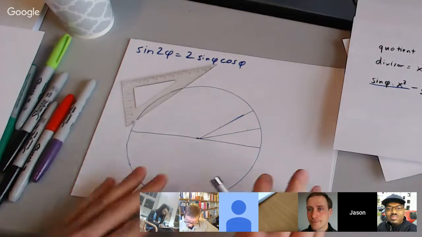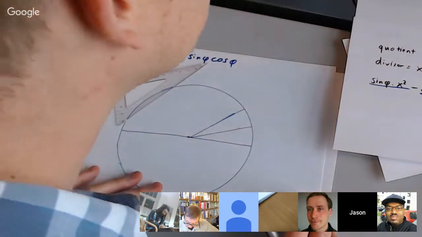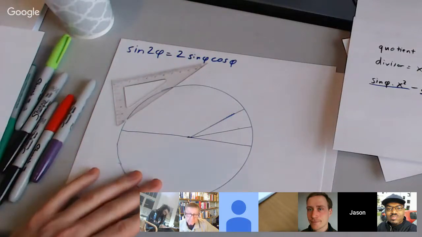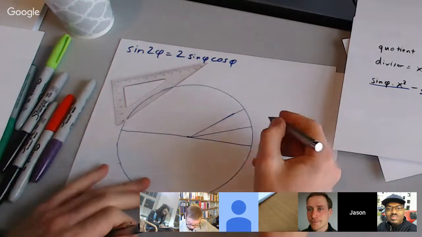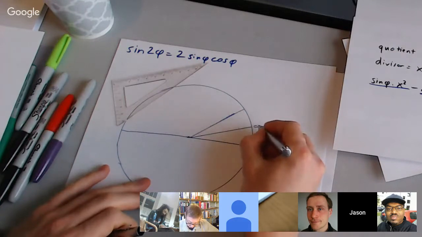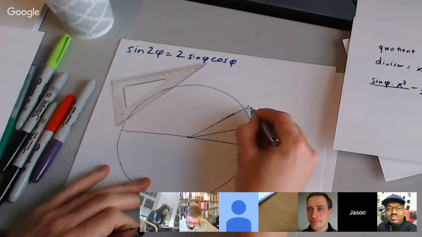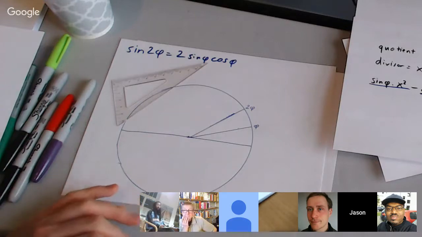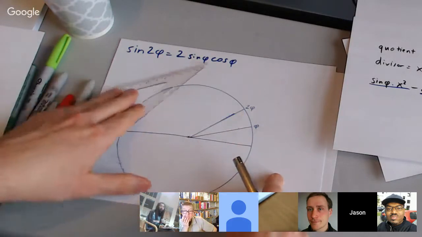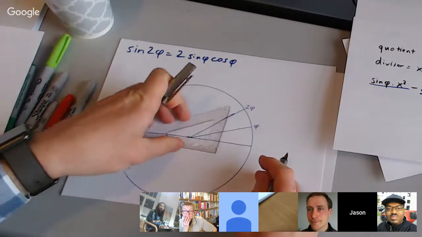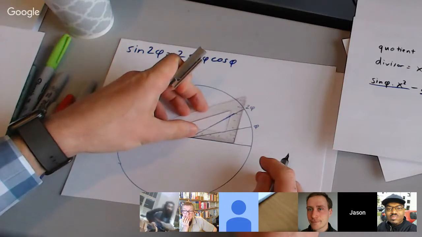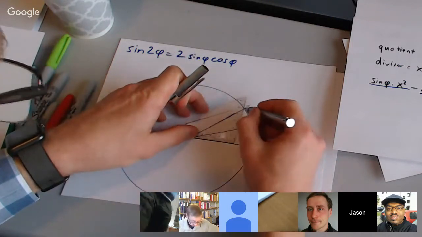All right, so we've got our, and please draw one of these yourself. So let's say, here's our angle phi. Here's our angle 2 phi. So the sine of 2 phi, this vertical distance right here.